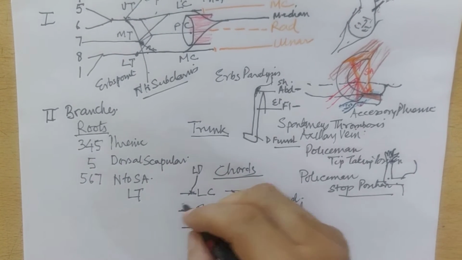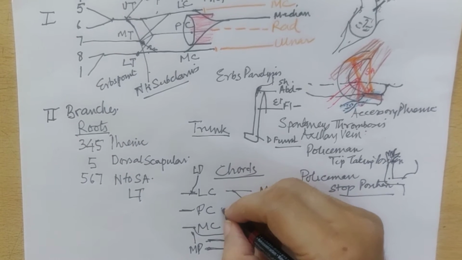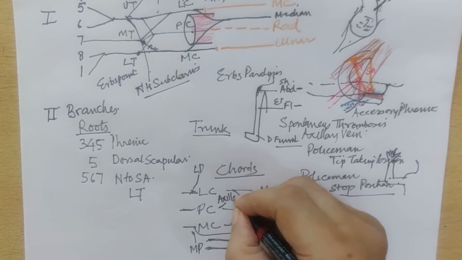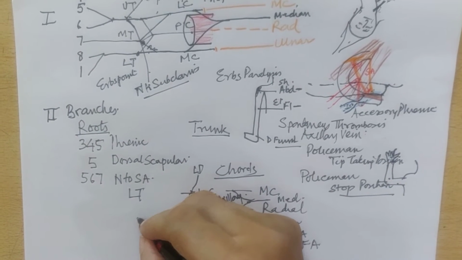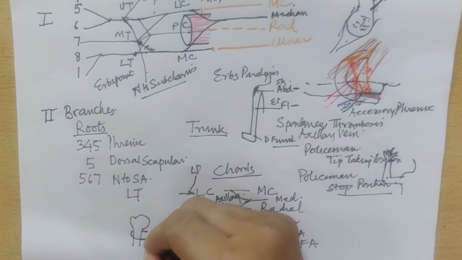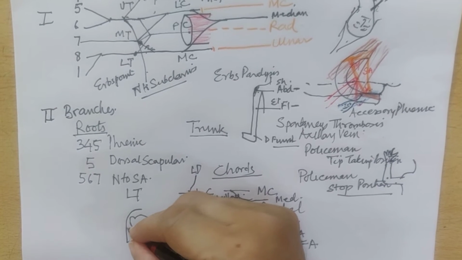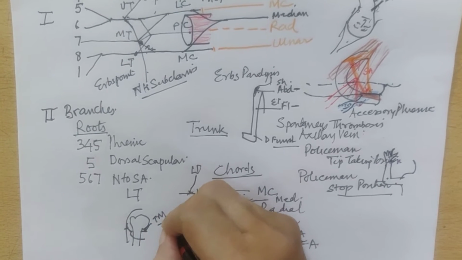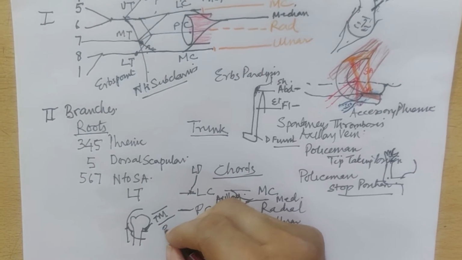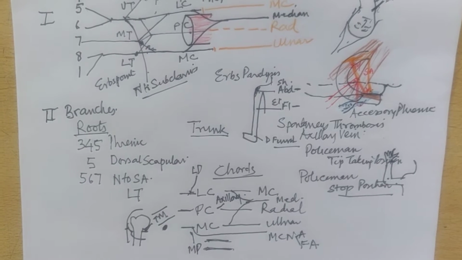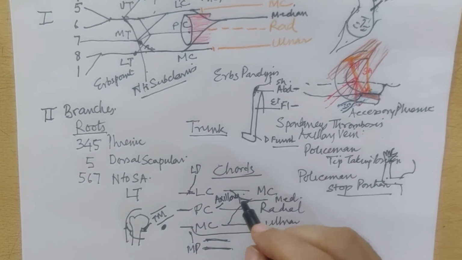Then from the posterior cord, there is an axillary nerve, which winds round the upper end of humerus, supplying the deltoid and the teres minor. The nerve to teres minor has got a pseudoganglion or swelling on it. So these are all the MCQs covered about the brachial plexus. Okay, up to here.